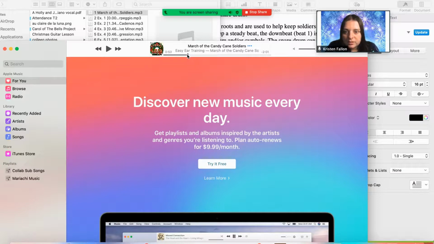Let me pull it back just a tiny bit so I can point it out again. There it is right here. So that was more at like 57, but that's okay.